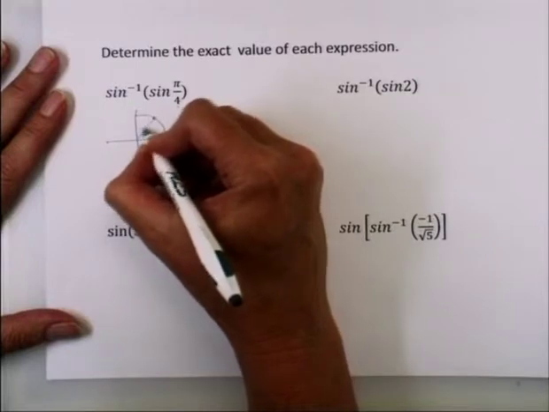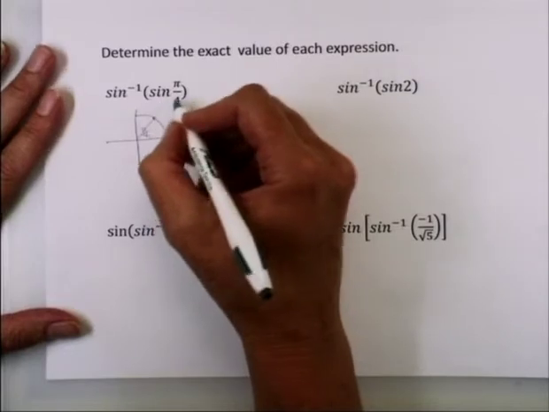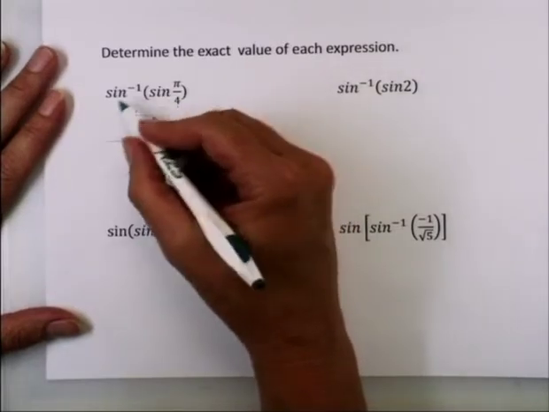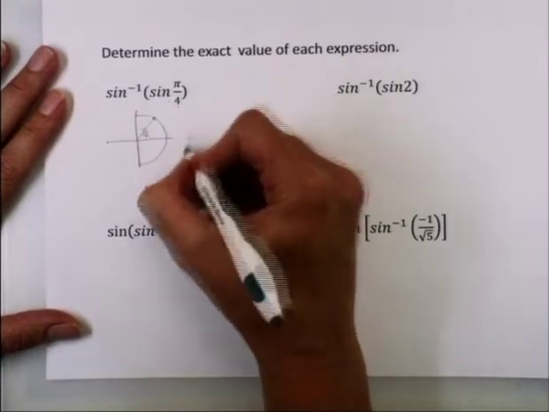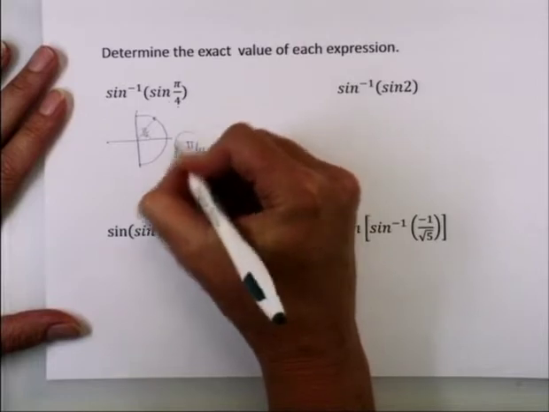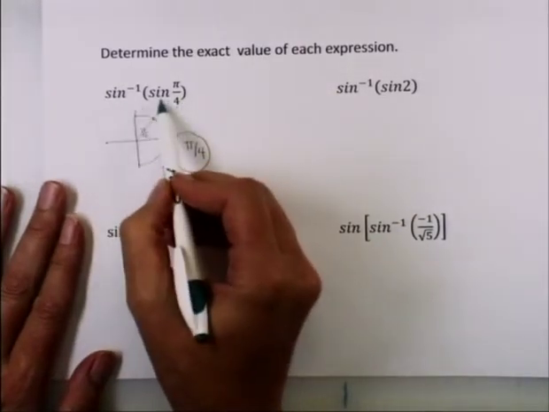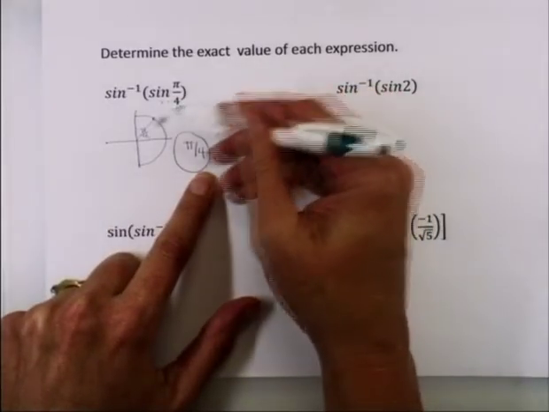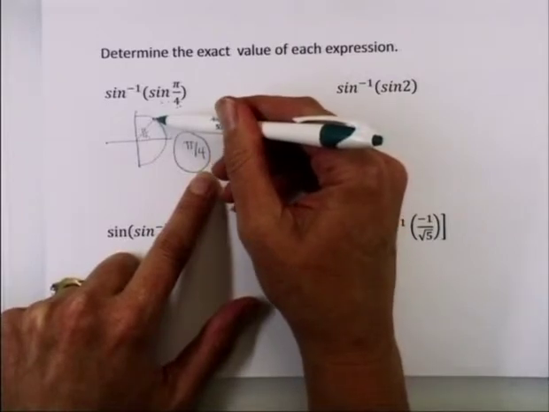The sine value of that is 1 over radical 2, or radical 2 over 2, and if I do the sine inverse of that, I get right back to pi over 4. So on this one, the property works. The answer was pi over 4 because it was within my restricted domain, so I didn't have any problems.